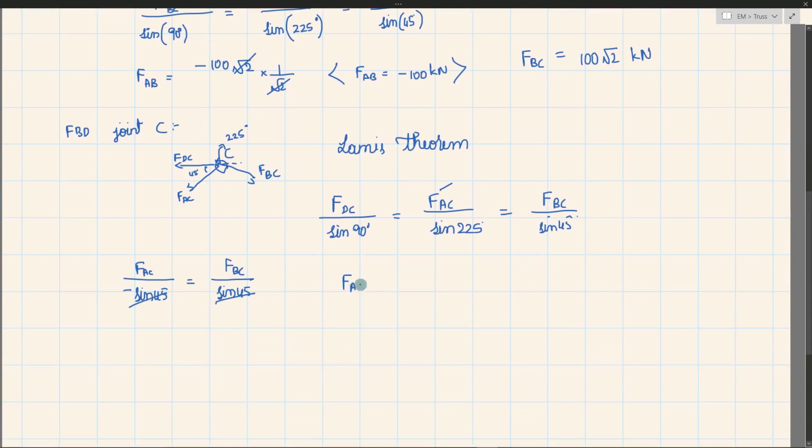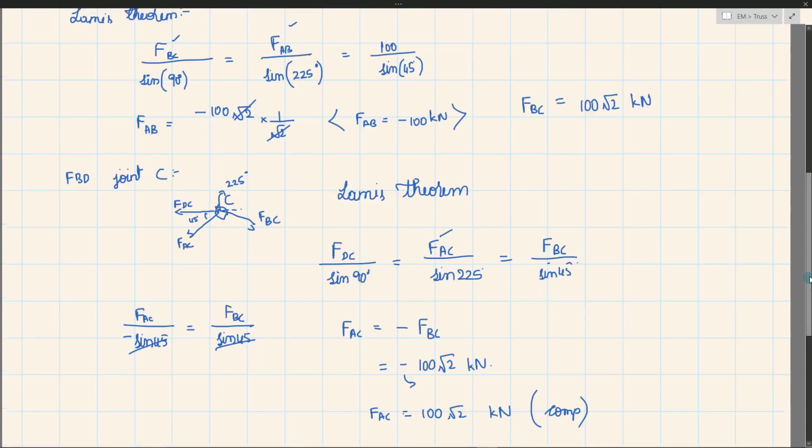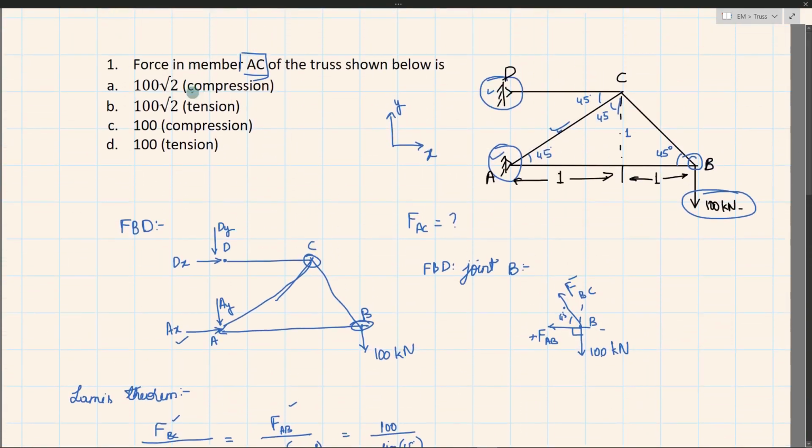FAC is equal to minus FBC, that is equal to minus 100 root 2 kilonewton. So since we have minus, it means that FAC is equal to 100 root 2 kilonewton compression. So first option is the right one.